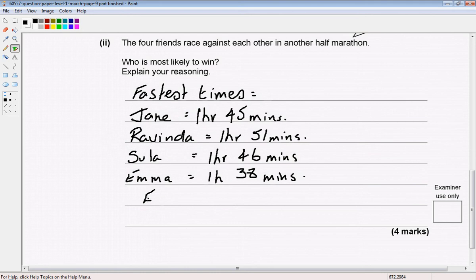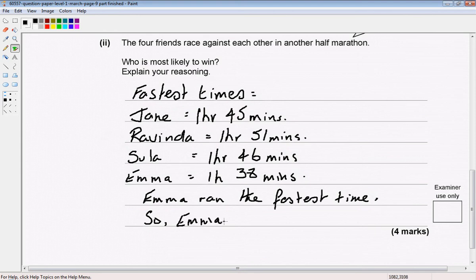So I can write here that Emma ran the fastest time, so Emma is most likely to win.